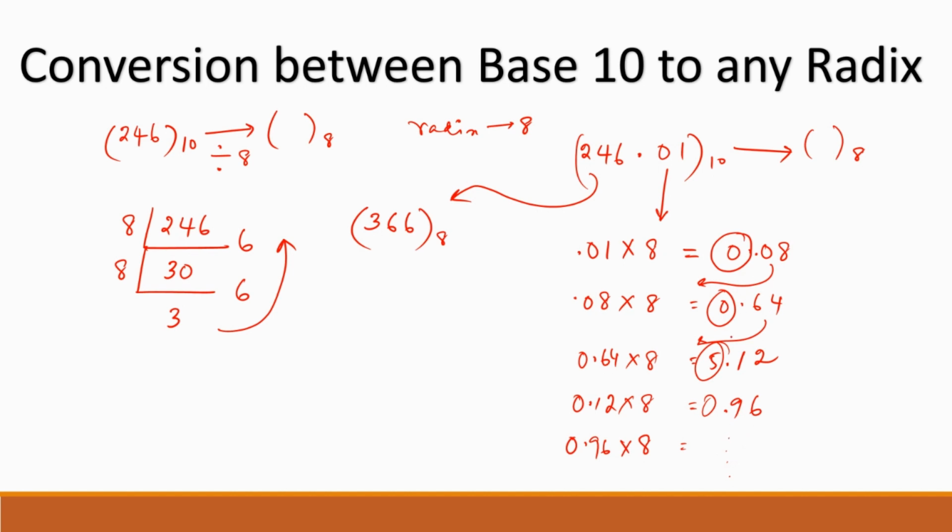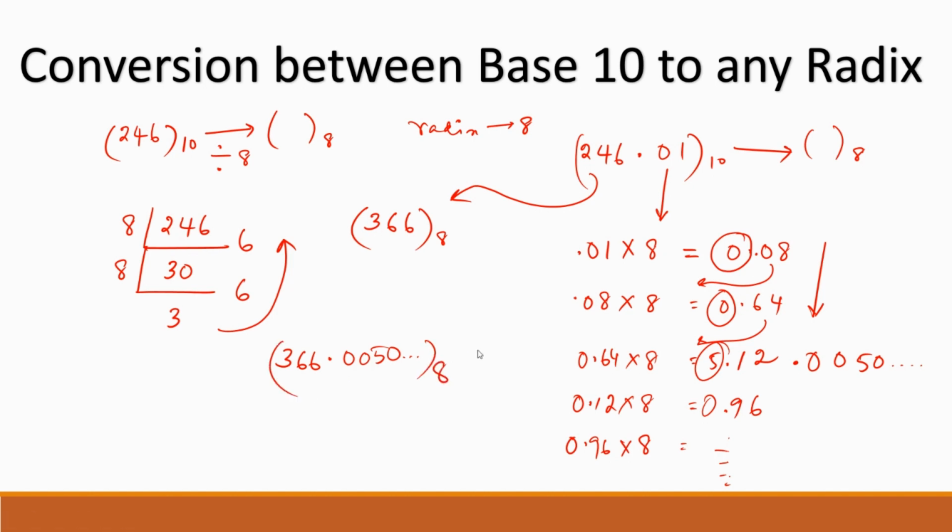Now, how do I write the decimal part of it? I have to look at it top down. What I get here would precisely be 0.0050 and so on, whatever comes after this. So I have to write 366.0050 etc. base 8.